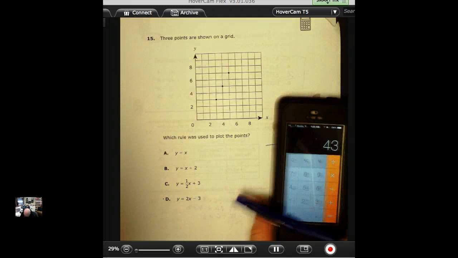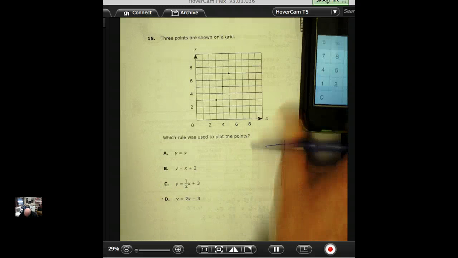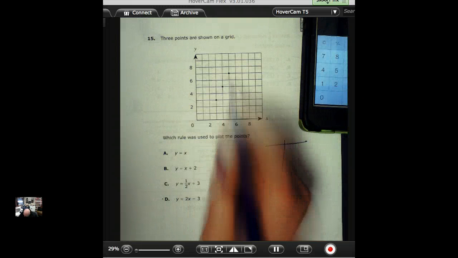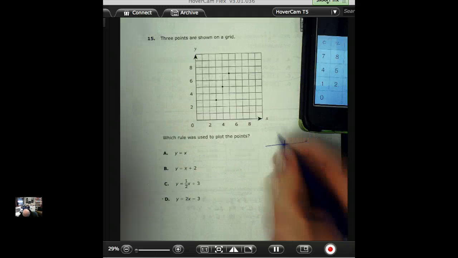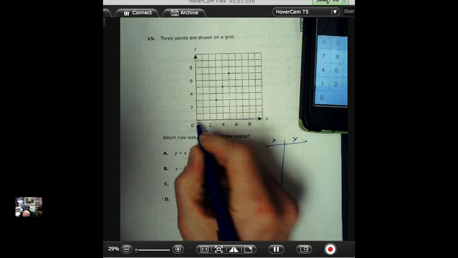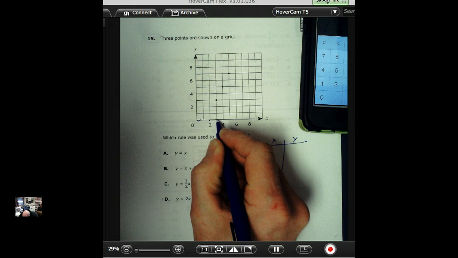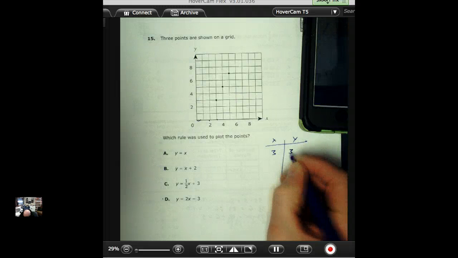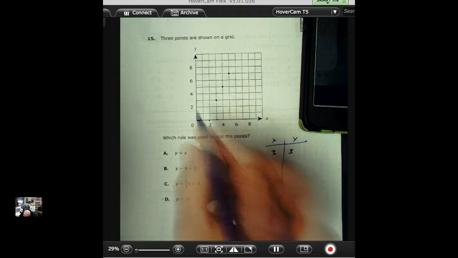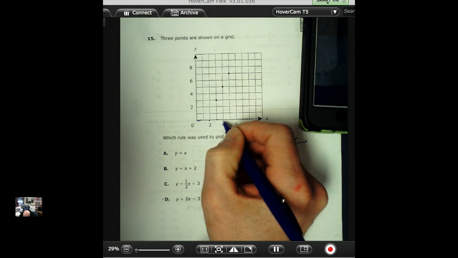All right, 3 points are shown on a grid. Here, here, and here. Which rule was used to plot the points? So what I did is I'm just going to make myself a little XY chart here. X is 3, 3, 3, 3, and then I've got 1, 2, 3, 4.